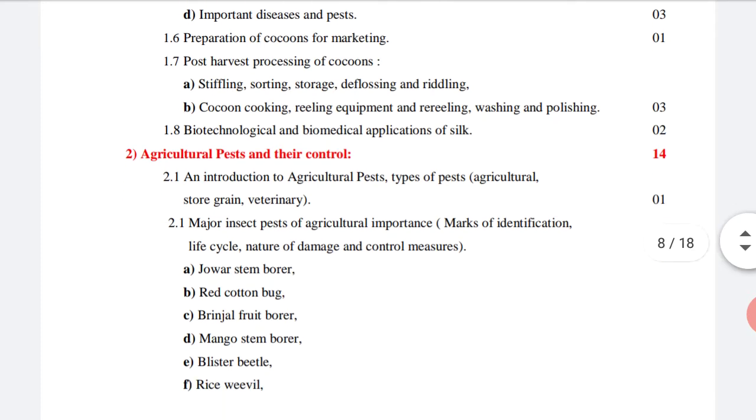Cocoon cooking, reeling equipment and re-reeling, washing and polishing. Eighth and last topic of first chapter is biotechnological and biomedical applications of silk.